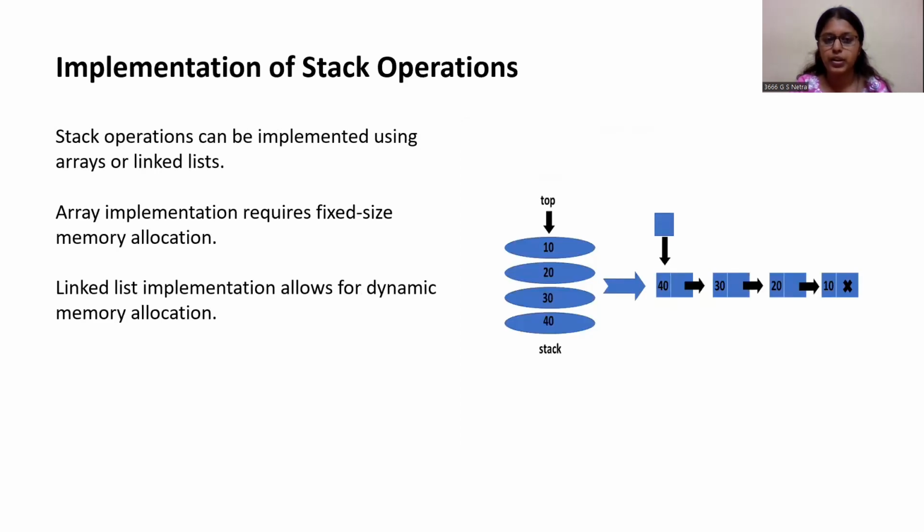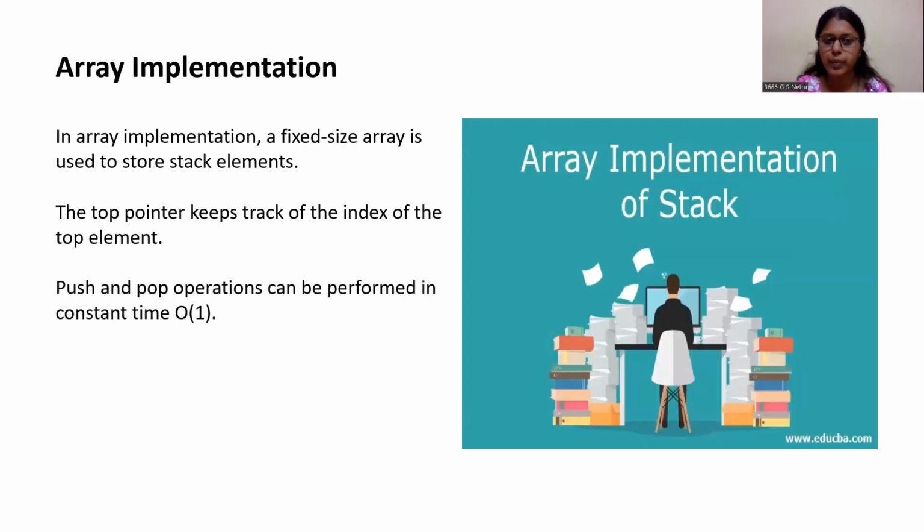Next, implementation of stack operation. Stack operations can be implemented using arrays or linked lists. Array implementation requires fixed size memory allocation, and linked list implementation allows for dynamic memory allocation. Array implementation: a fixed size array is used to store stack elements.